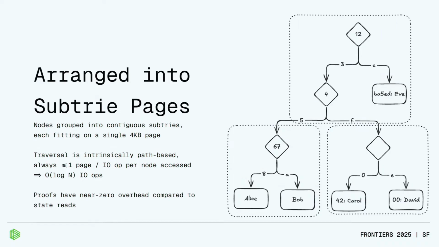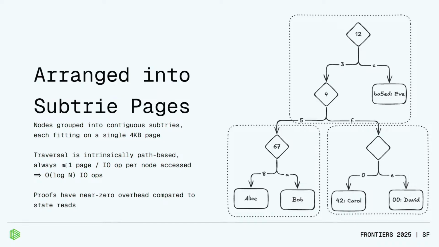And then we take all these nodes and pack them into contiguous subtries and put these on 4 kilobyte pages. So that's the minimum unit of IO. If you're reading from disk or writing to disk, you're going to write one of these pages anyway. So it's good to keep neighbors of the tree on the same page so you can ideally reduce the amount of IO accesses as you traverse from top to bottom.